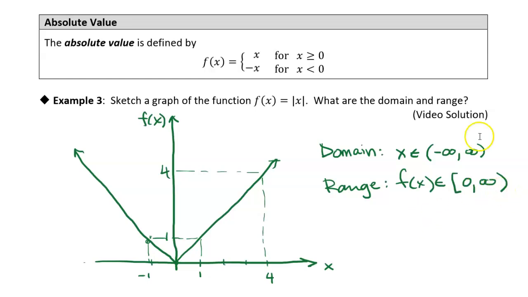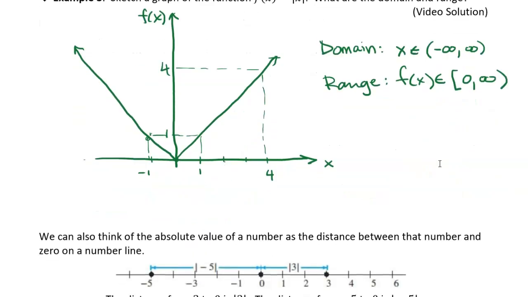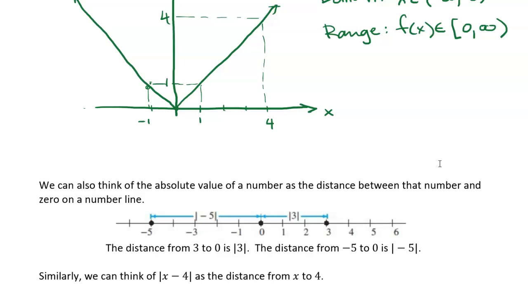Well, there's another way we can think of the absolute value. We can think of absolute value as distance. It's often used for distance because with distance, if we're just concerned with how far something is from something else, we really only want the positive values. So we can think of absolute value as being the distance from 0.